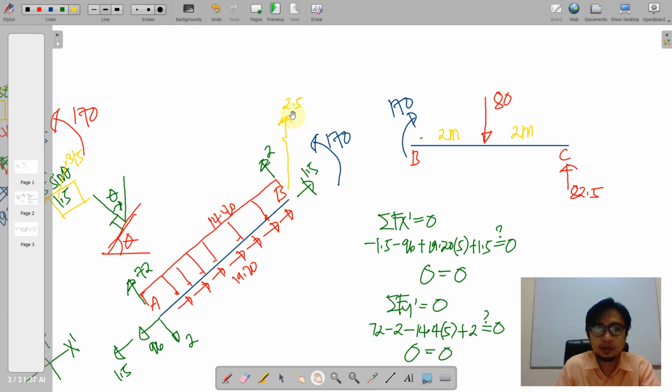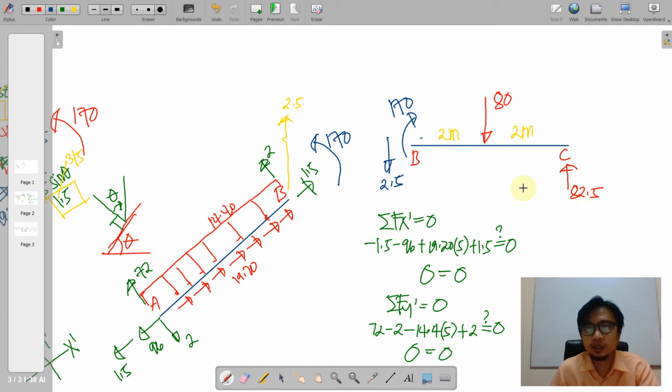So if this is going upwards, this shall be going downwards 2.5. Investigating our member BC along the vertical axis, we have 80 and 2.5 downwards, that is negative 82.5, plus an upward 82.5.